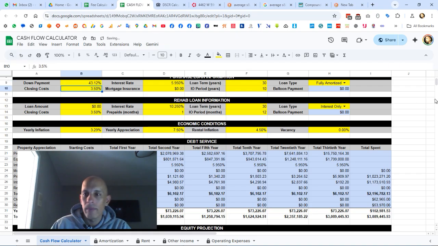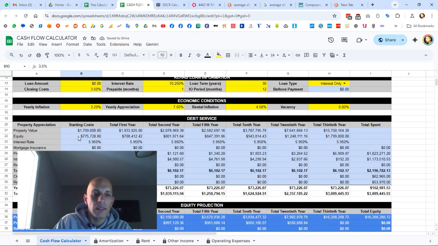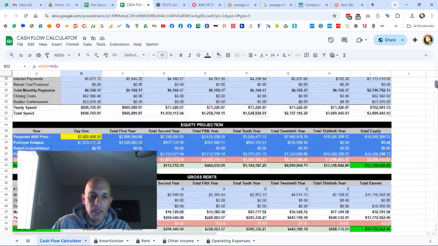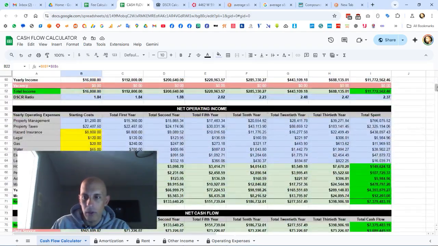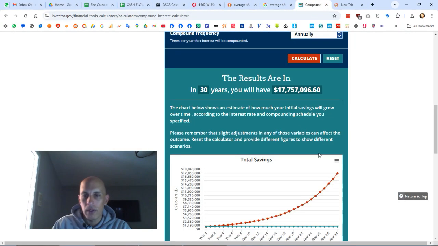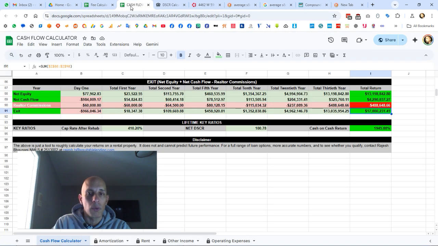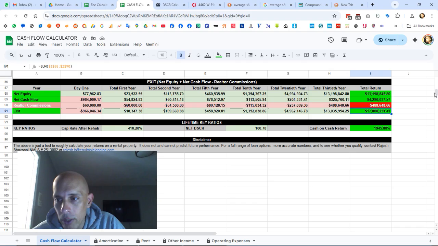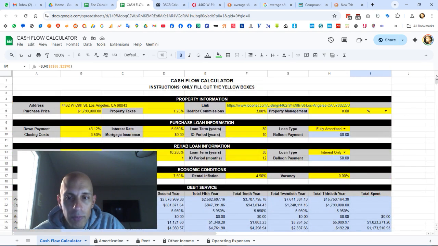Let's say that. So now we've got that 775 equity injection in the form of $200,000 going towards rehab, and now you're walking away with 17 million at the end of 30 years. Whereas here you're still walking away with $750,000 more, almost $1 million more, just by not doing real estate.